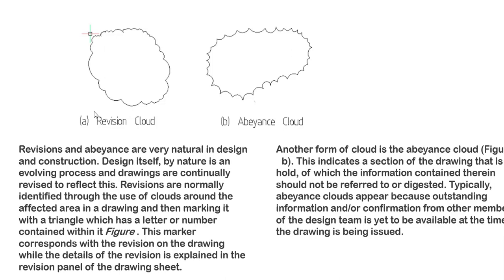Now this indicates a section of the drawings on the whole of which the information contained therein should not be referred to or digested. Typically, this cloud appears because outstanding information and/or confirmation from the other members of the design team is yet to be available. Okay, so this particular segment is also one of the important parts you need to take care of.